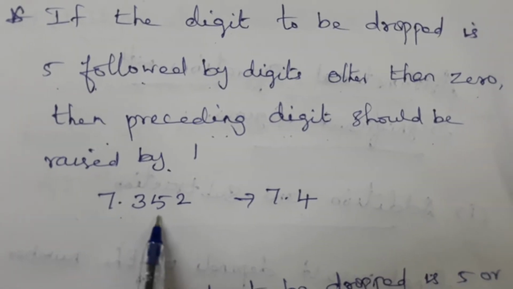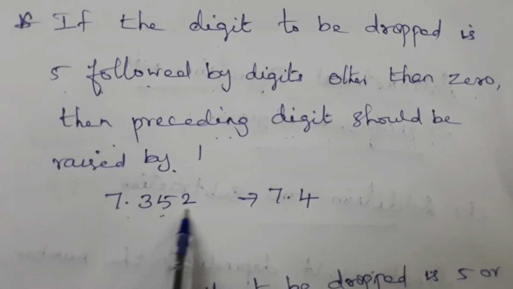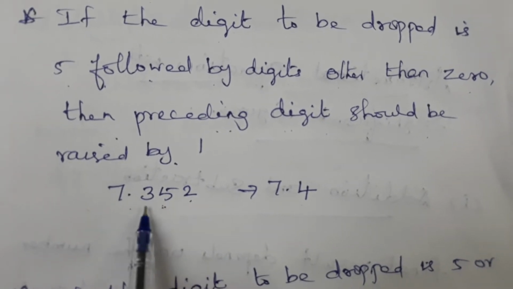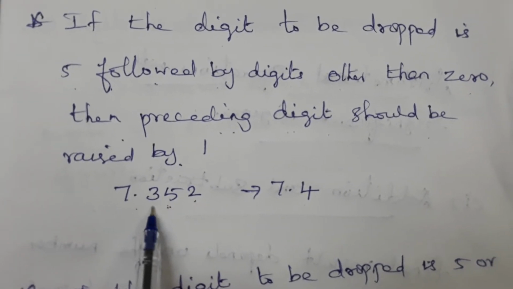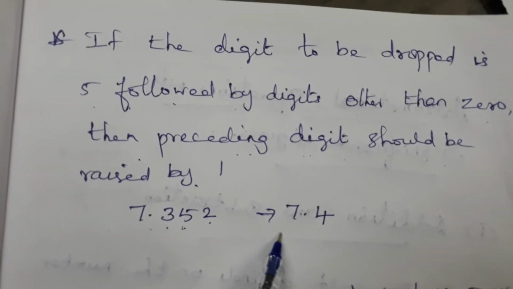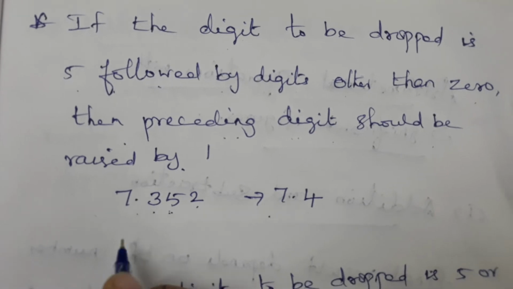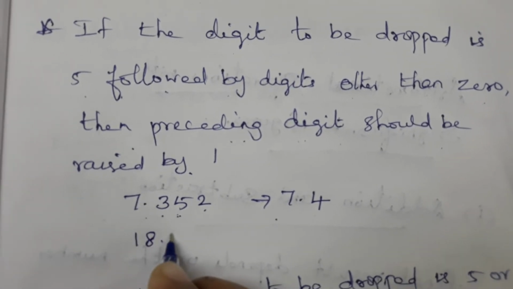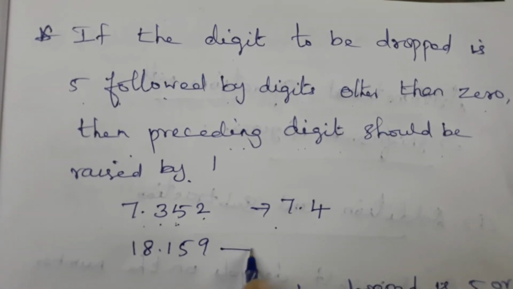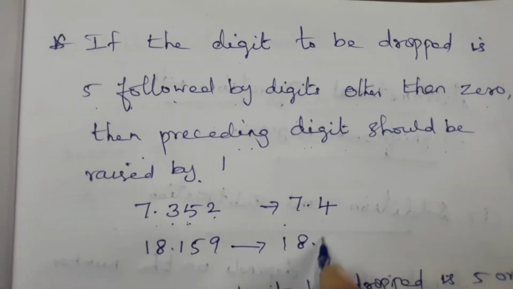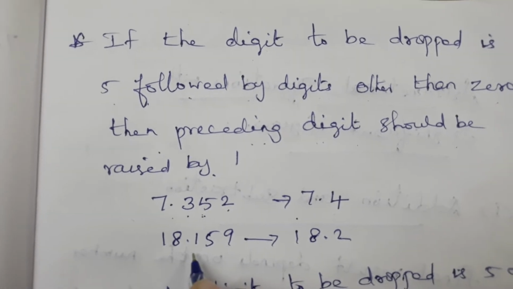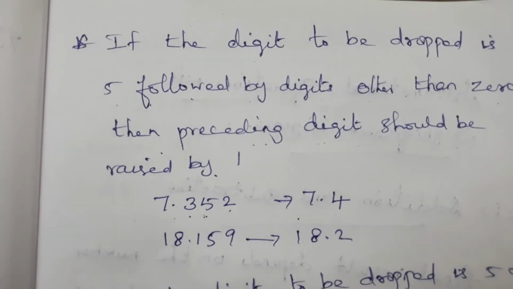So the digit to be dropped is 5 followed by other than 0. Here 5 followed by 2. So the preceding digit should be raised by 1. So it is rounded off to 7.4. Similarly, 18.159 will be rounded off to 18.2. 5 followed by other than 0, so the preceding digit should be raised by 1.